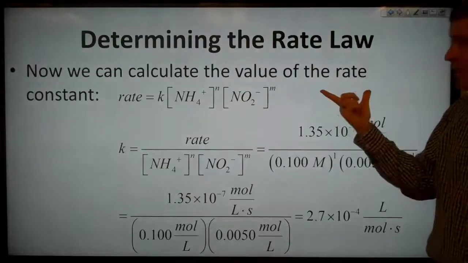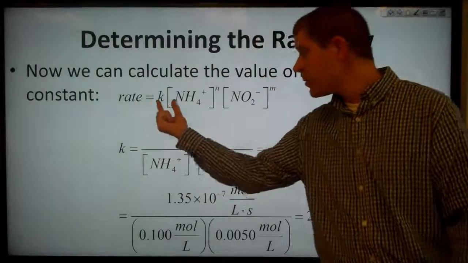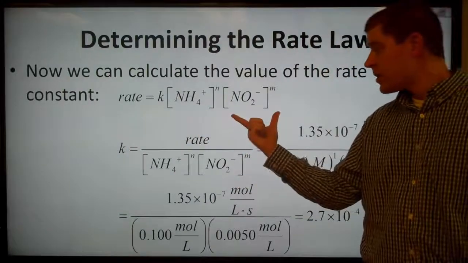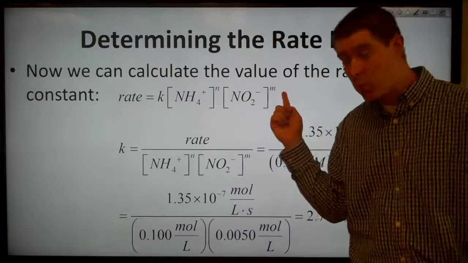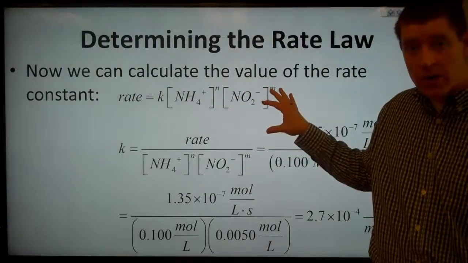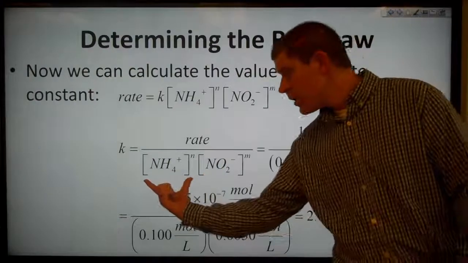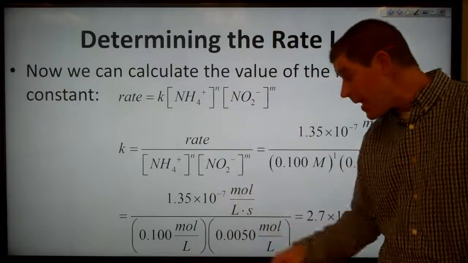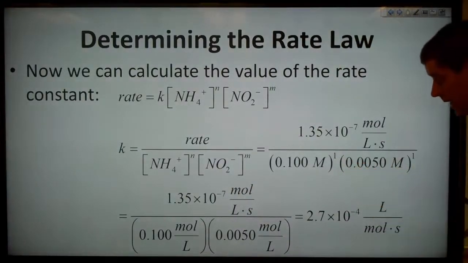So now we can calculate the value of our rate constant k. Again, remember we have rate is equal to k times concentration of ammonium to the nth power times concentration of nitrite to the mth power. And now we know that n and m are each 1. So if we want, we can rearrange this equation, solving for k. We put k over on the left, and we get rate divided by ammonium concentration to the n times nitrite concentration to the m. And now we can plug in some values. We know that n is 1.